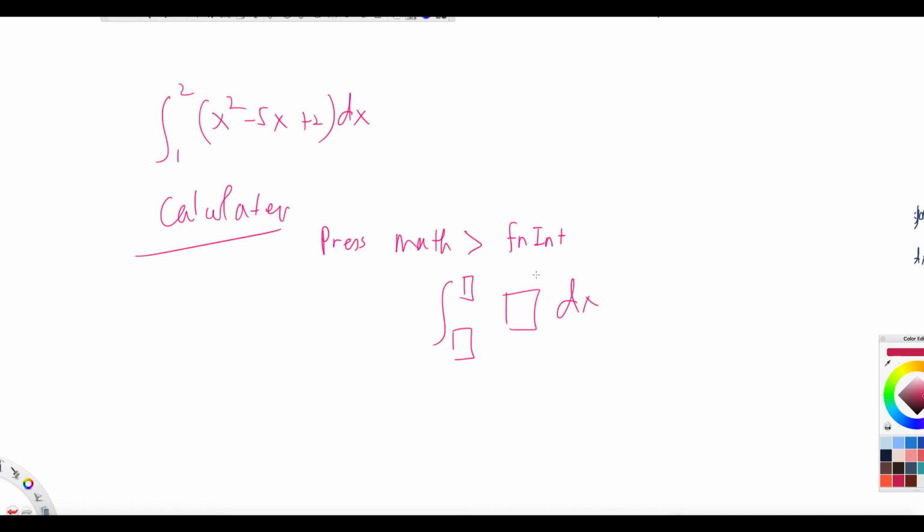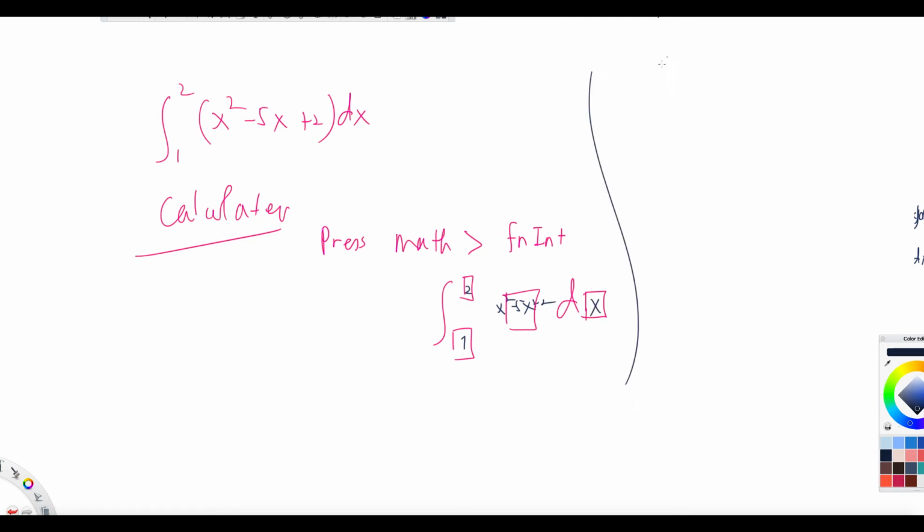If you have a TI-84 latest version, you will have a box here as well. So you enter 1 here, you enter 2 here, you enter x squared minus 5x plus 2 here, and then that is dx.